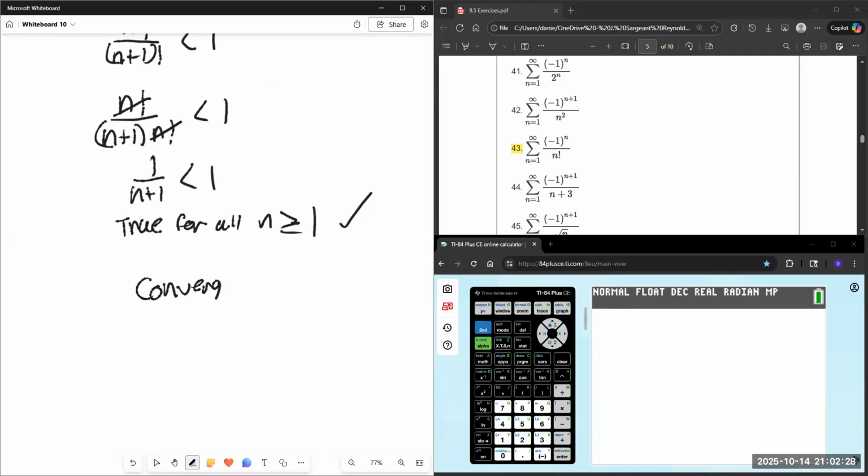Converges by the alternating series test, right? And that's enough for that one, but I want to tell you if it's absolutely or conditionally convergent.